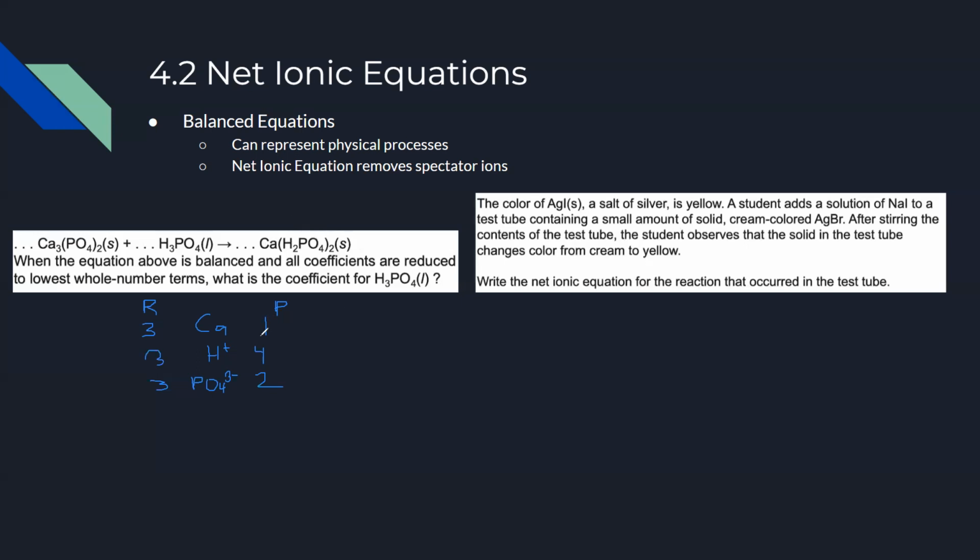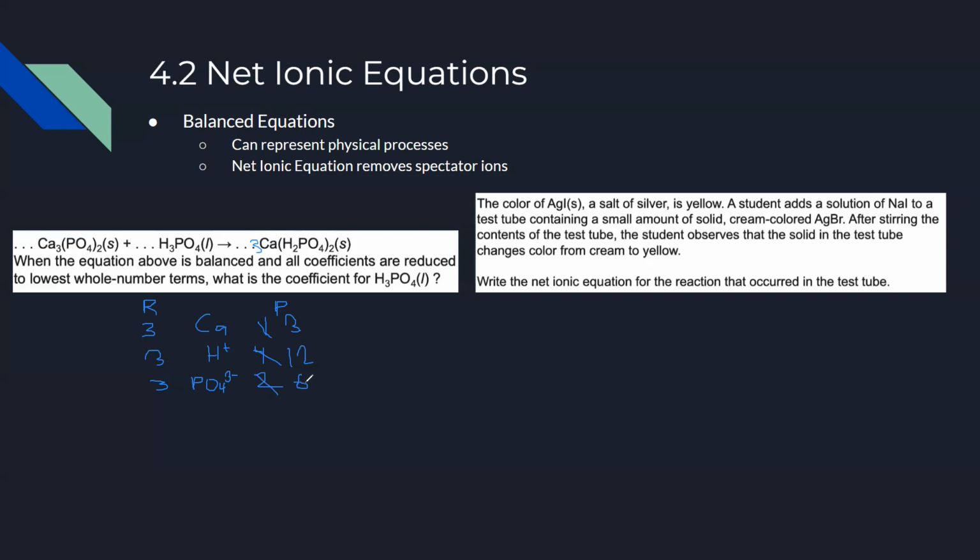What we can do is first start by taking out the lowest denominator, and that's calcium. So you can multiply this by 3. So 3Ca also has 4 hydrogens, so 4 times 3 is 12. And you have 2 PO4s, so 6.